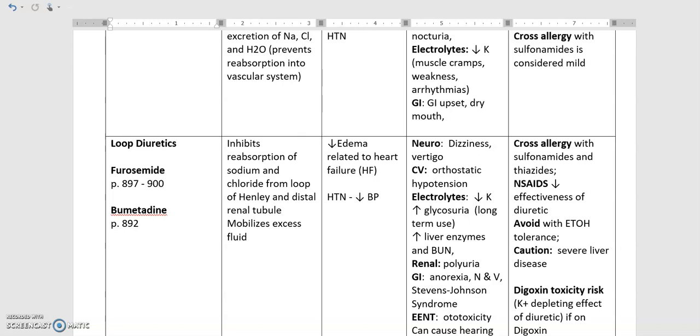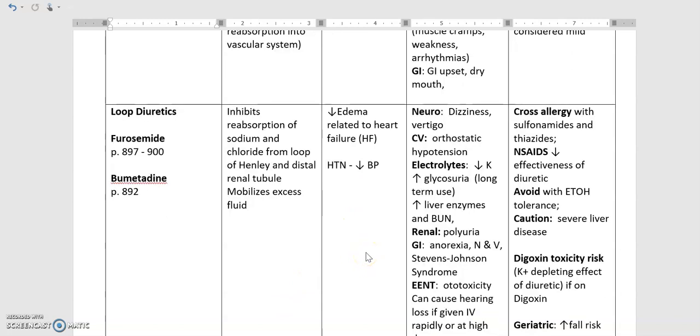Again, neurologic symptoms include dizziness and vertigo, orthostatic hypotension, and electrolyte imbalances are also prevalent as adverse effects, and patients should be monitored for their electrolyte balances while they're on these medications.